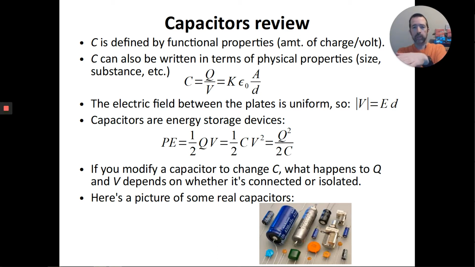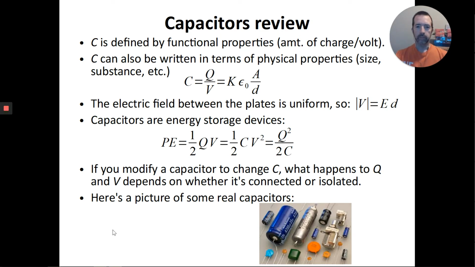It might even just be like paper or some kind of a paste or something. But then they roll it up into a cylinder to save space. Not all of them are cylindrical, obviously, but that's one of the common ways of making a capacitor. So it's still based on that original idea with the big flat plates, even if it doesn't look like it.